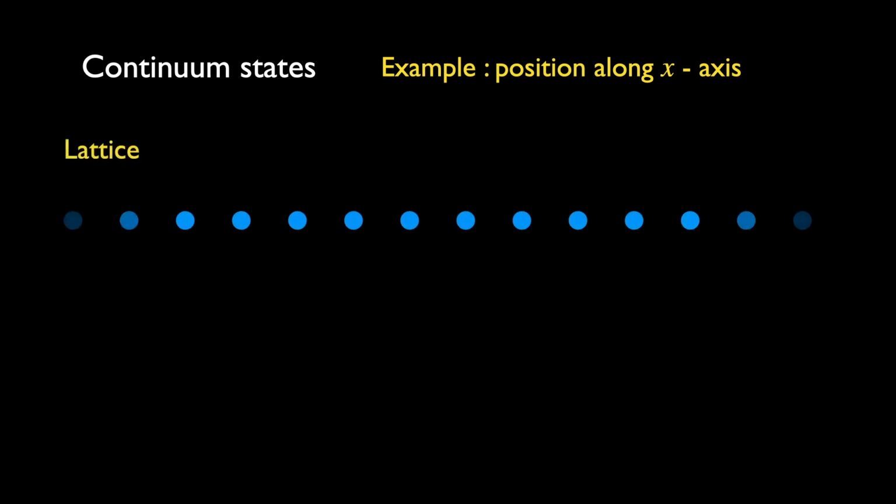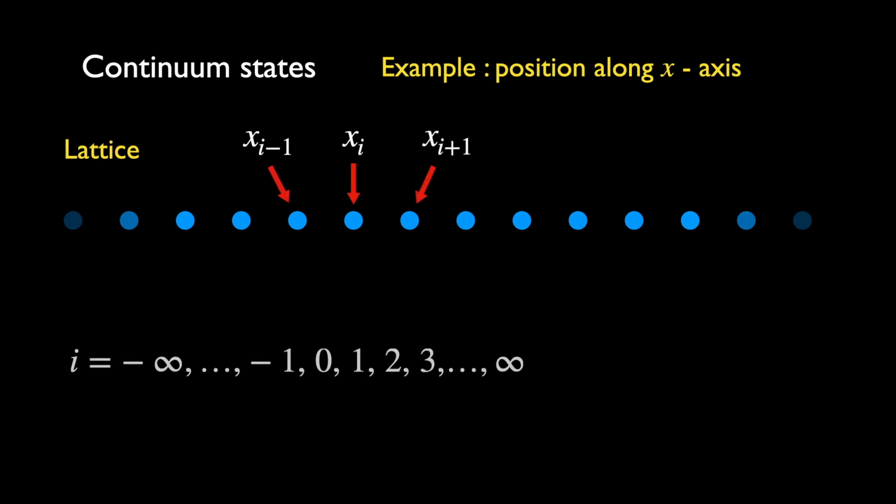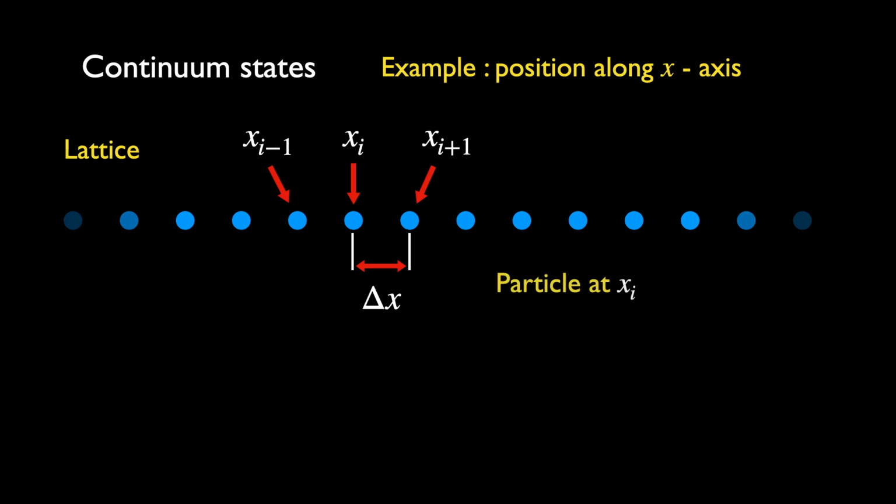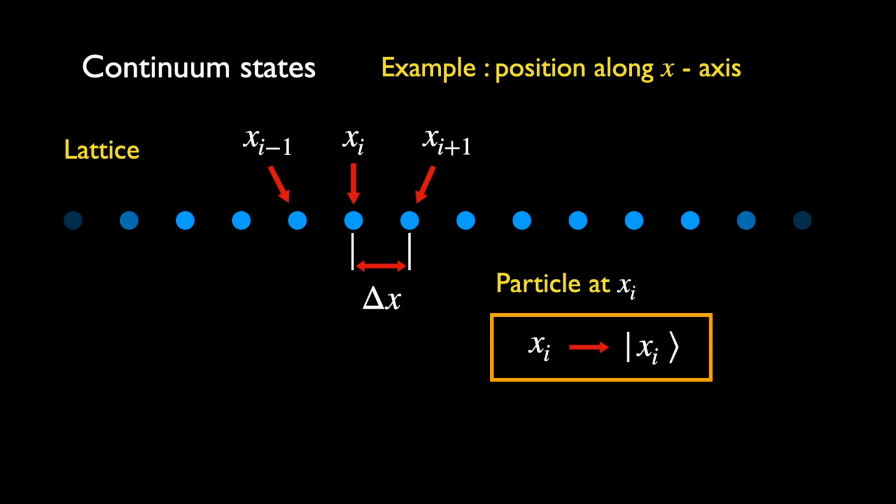As a first example, let's look at the state of a particle with definite position along the x-axis. We shall start with an infinite lattice, where the particle could only be in discrete positions at lattice points, then approach the continuum by taking the appropriate limits. The spacing delta x between adjacent positions is assumed to be finite. If the particle is in position x_i, then it is in a state represented by ket x_i. This is the discrete position state.